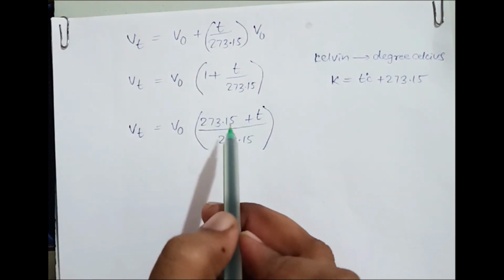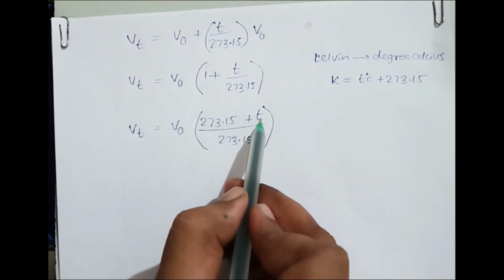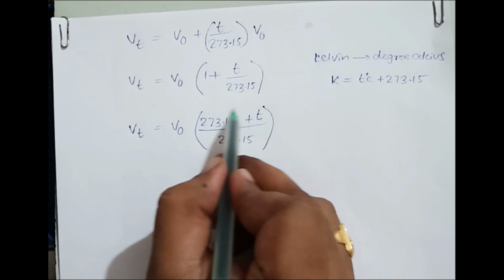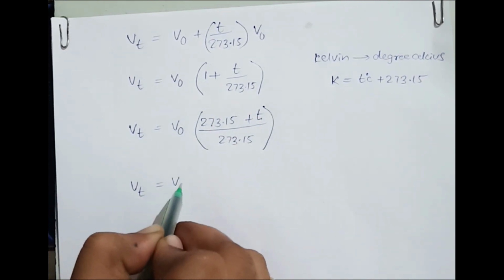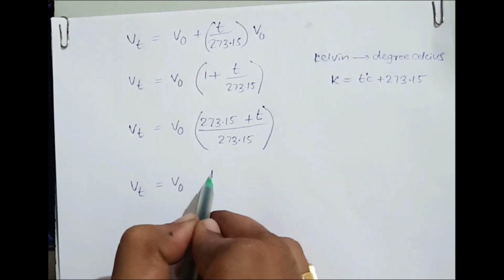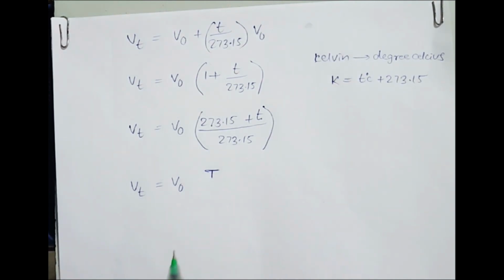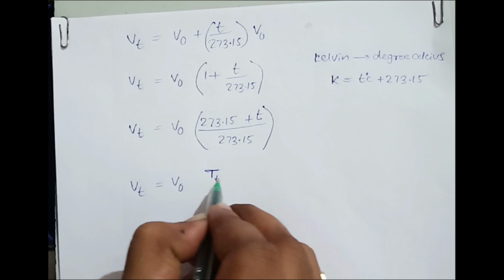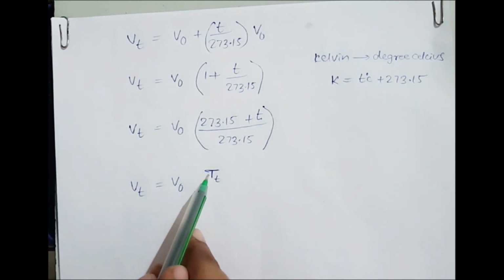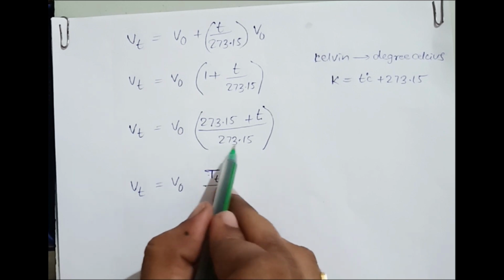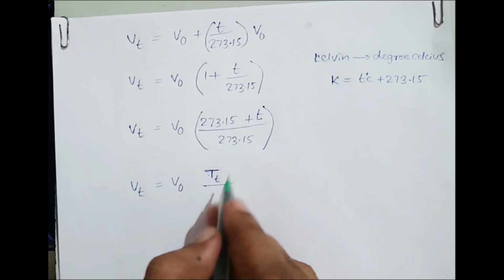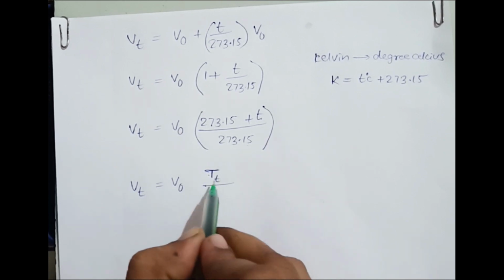So from here, 273.15 plus T is equal to temperature in Kelvin system. So I can write Vt is equal to V0 into the temperature in Kelvin system, capital T, for T degree Celsius, upon the temperature in Kelvin system for 0 Celsius, which I can write as T0.